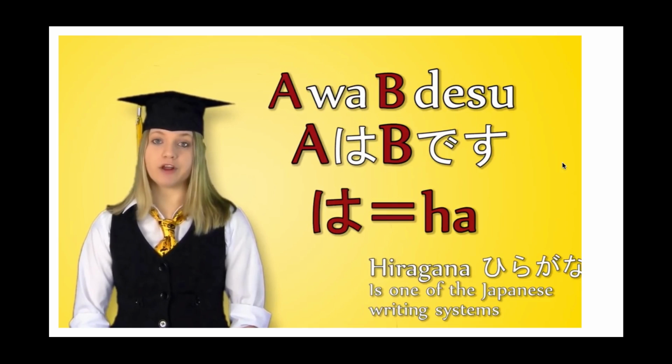So I had you watch this funky lady's video because she explained it really funny and I really like it. Every year I have my students watch her video. I will put the link below this video, but let's do this. So, A wa B desu. That's the same pattern that I explained.